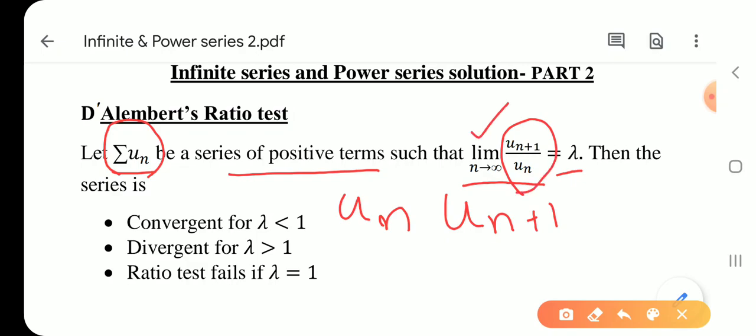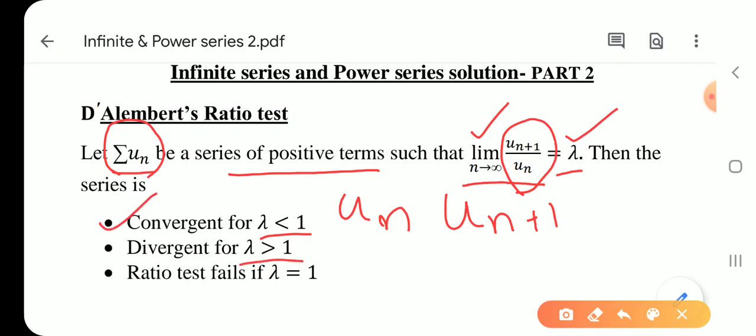If I apply the limit n tends to infinity to this, limit of un plus 1 by un as n tends to infinity, we get a certain value lambda. So, if the value of lambda is less than 1, then the series is convergent.